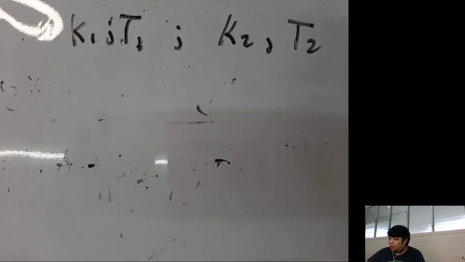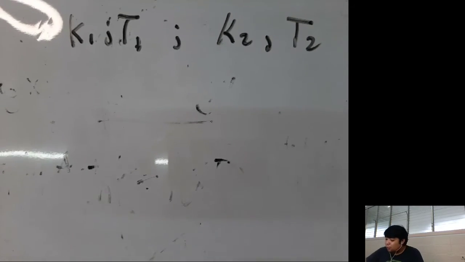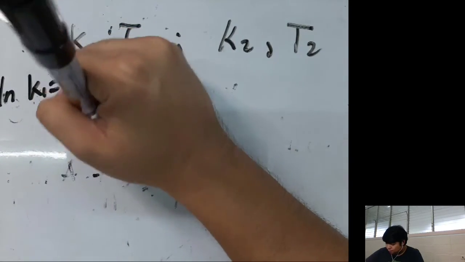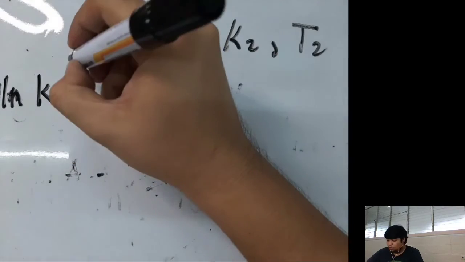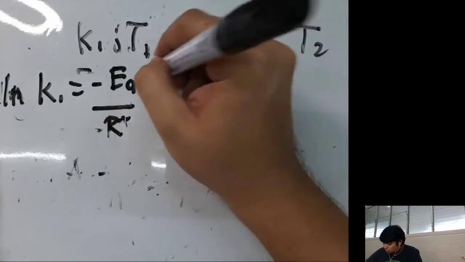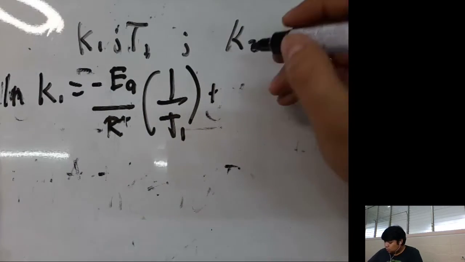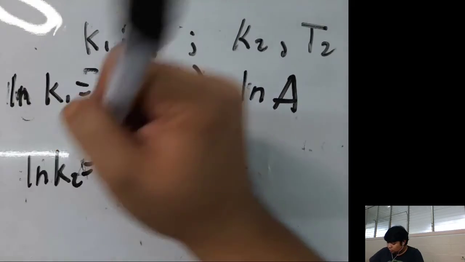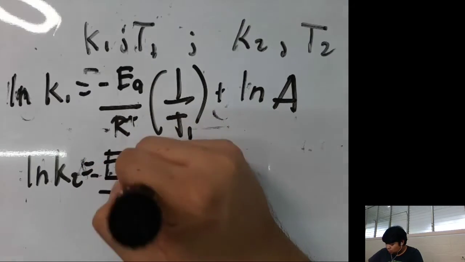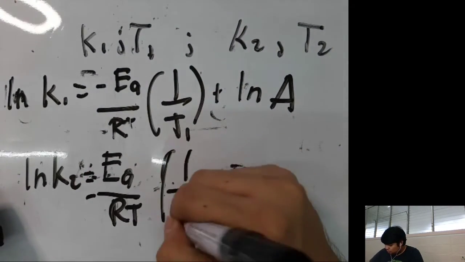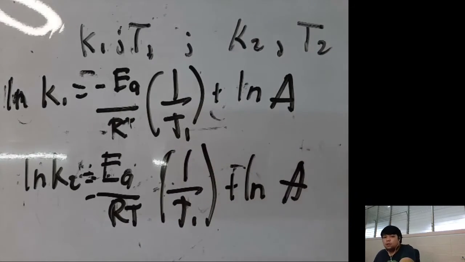So we apply the linear form of our Arrhenius equation, which is, and the same goes here. Negative sign ha.